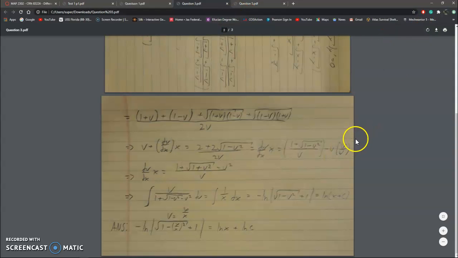this results in 1 plus v plus 1 minus v plus the square root of 1 plus v times 1 minus v plus the square root of 1 minus v times 1 plus v, divided by 2v, which then converts to v plus dv divided by dx times x, which equals 2 plus 2 times the square root of 1 minus v squared, divided by 2v.